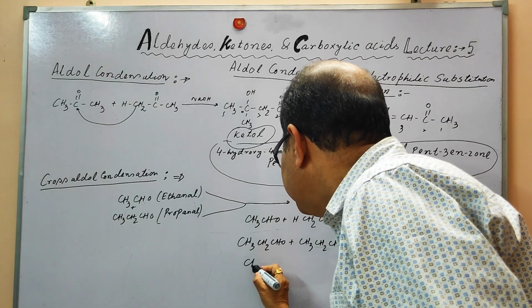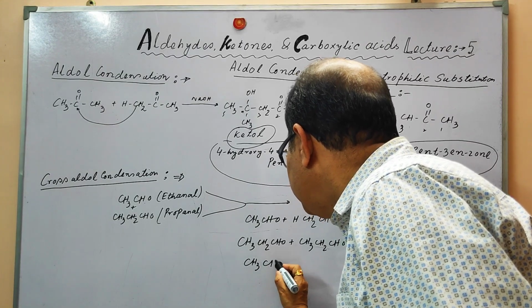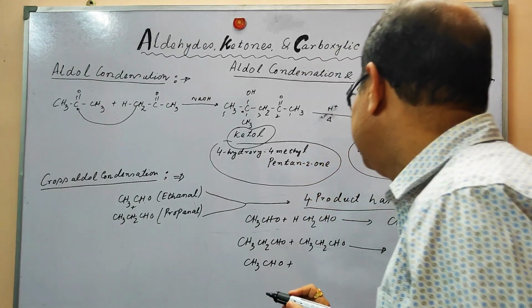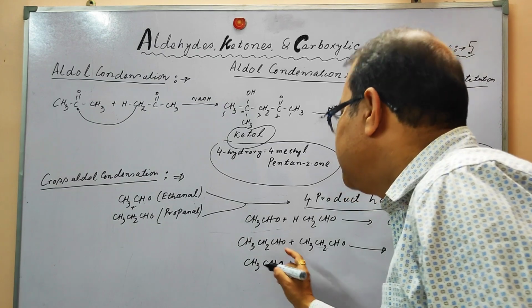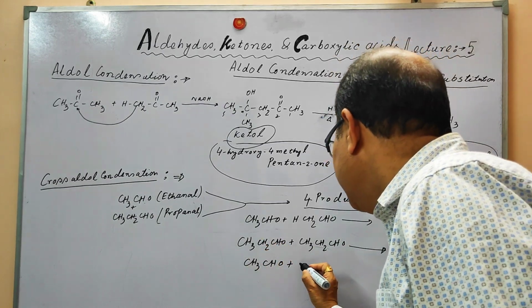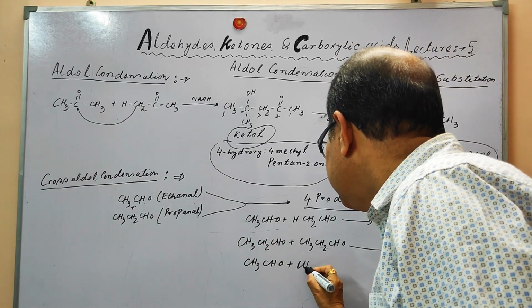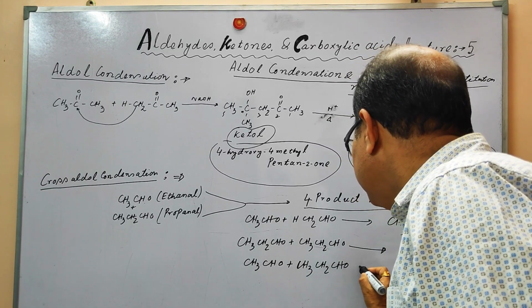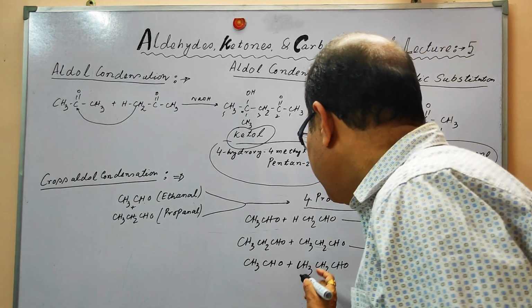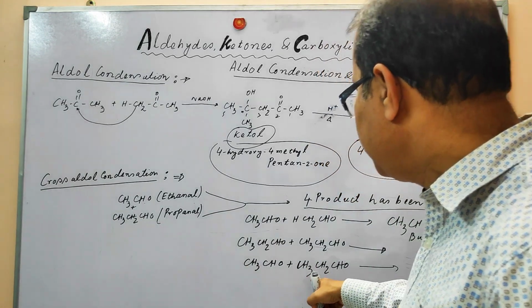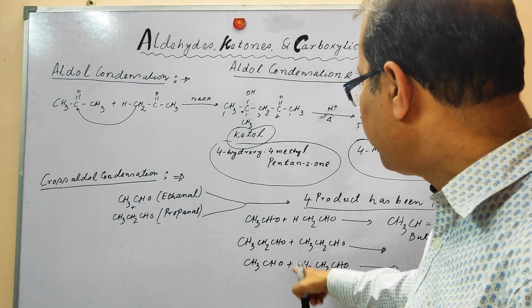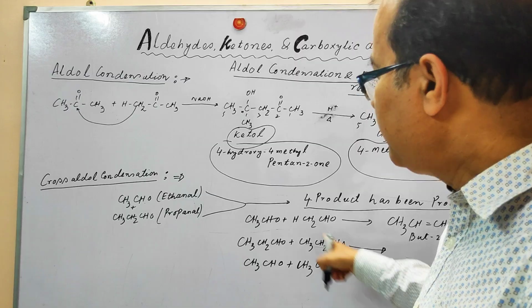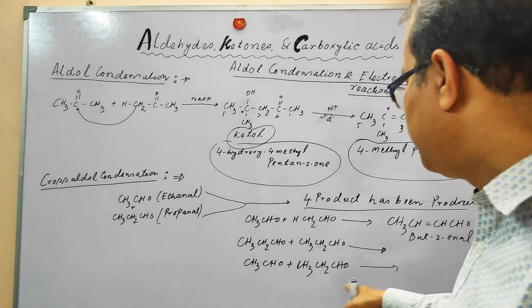Now when CH3CHO, that is ethanal, plus propanal CH3CH2CHO, this will give a product. In this case, the alpha hydrogen of this propanal has been used and one aldol condensation product is produced.